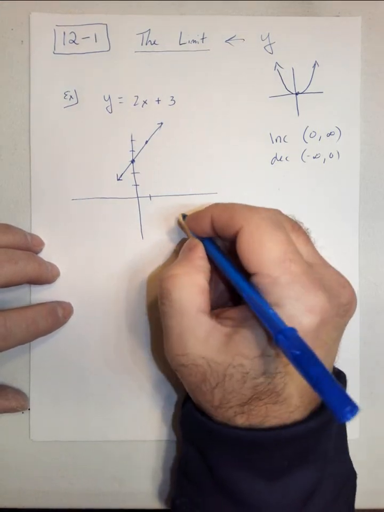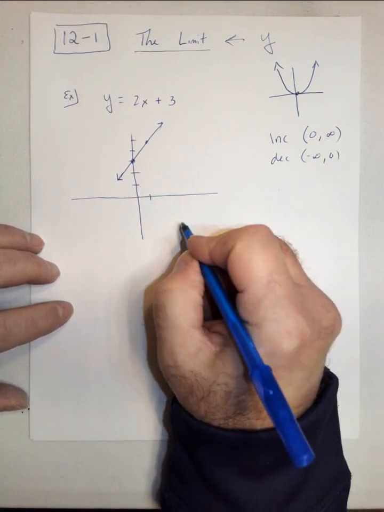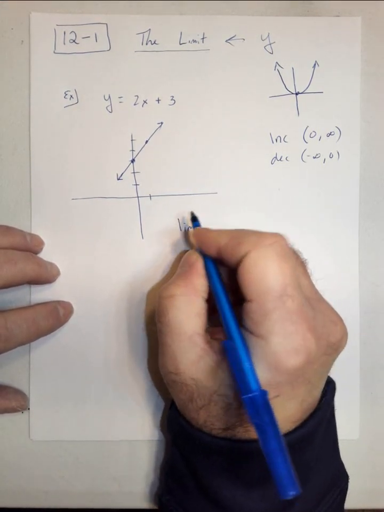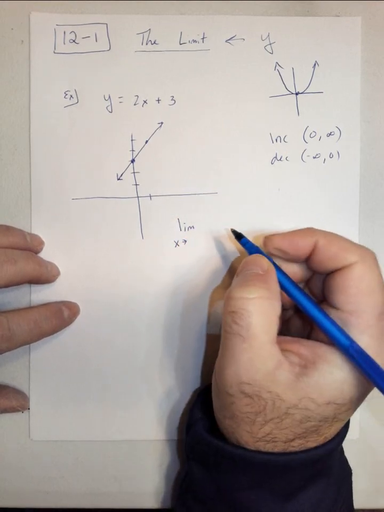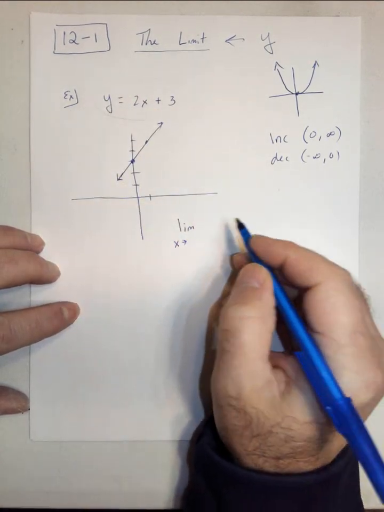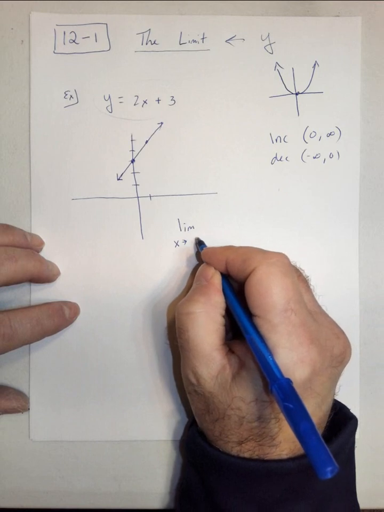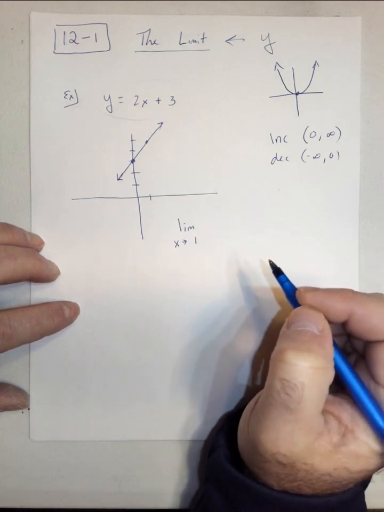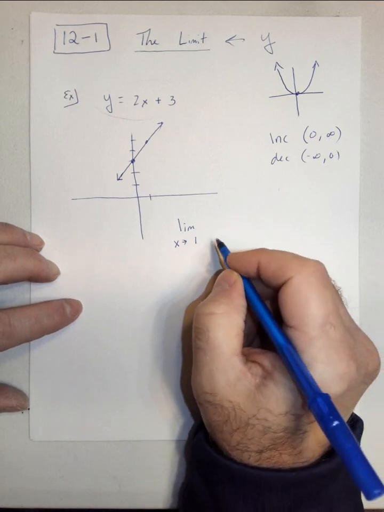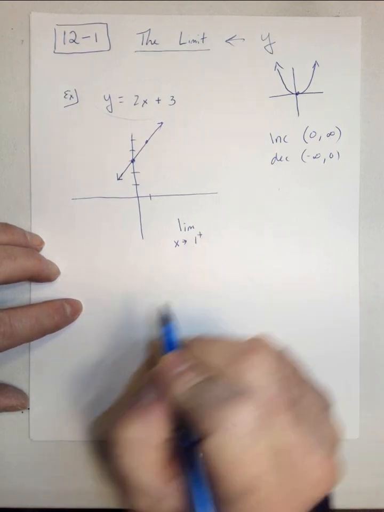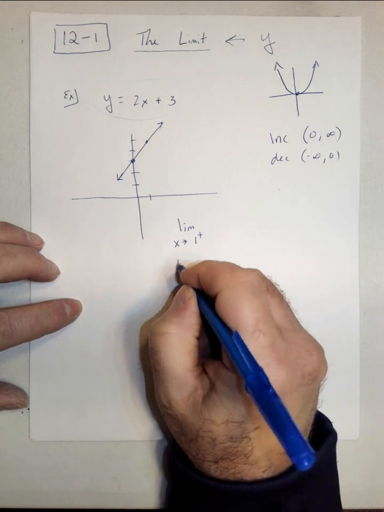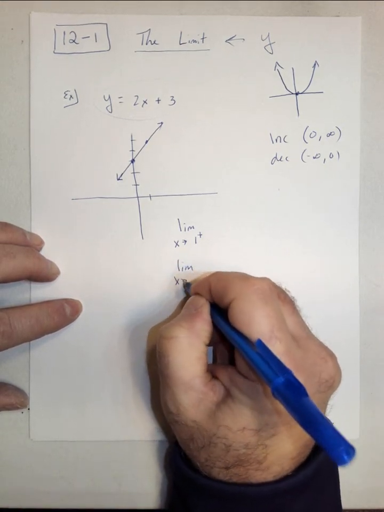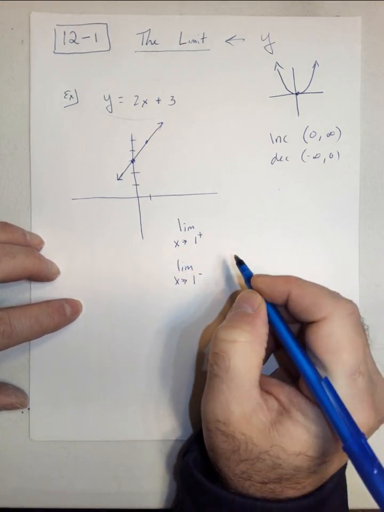So a notation might be, if I'm looking for the limit as x approaches on this particular function, let's say x approaches 1, right? And we have to look at it as we approach it from the right, and we have to look at it as we approach 1 from the left.